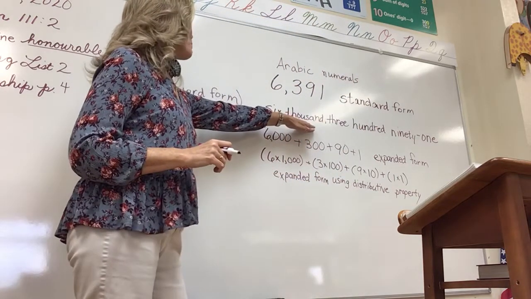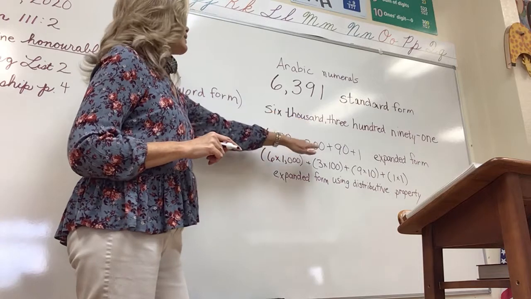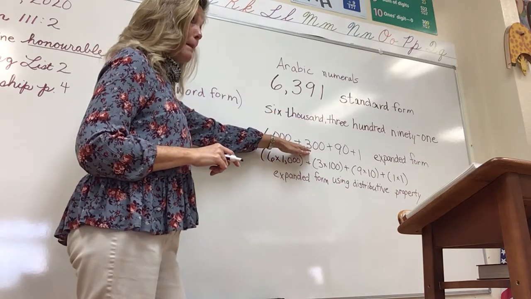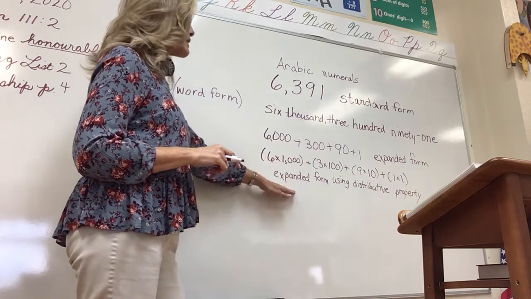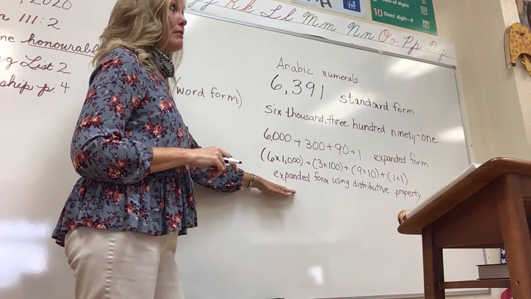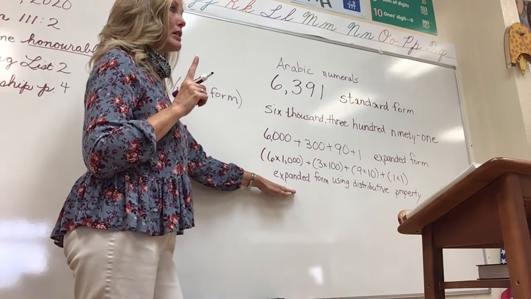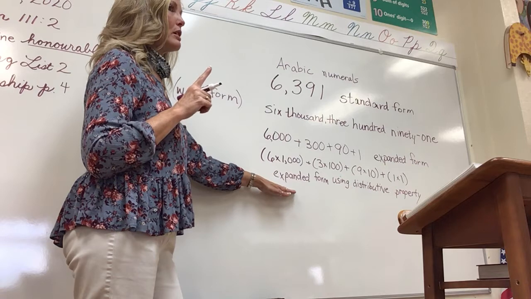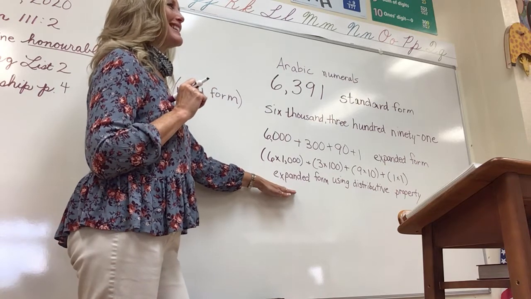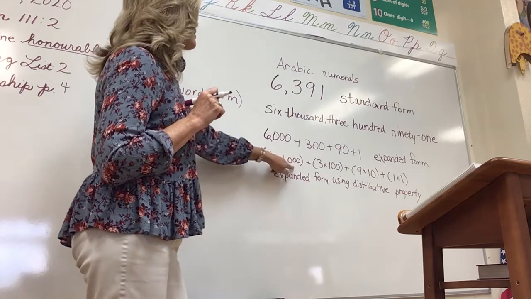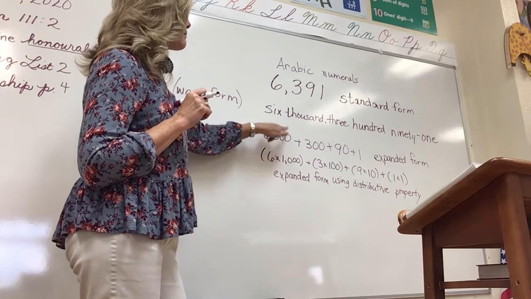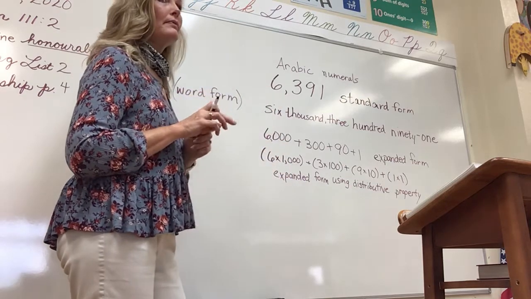Then we have the word form, the expanded form, and the expanded form using distributive property. And there's still one more, expanded form using exponents, which we'll get to later. But each of them tell the same number.